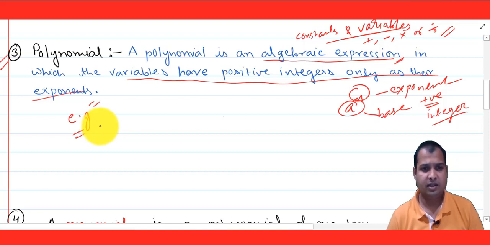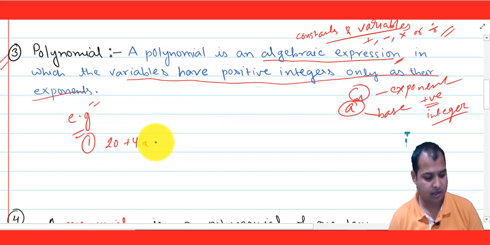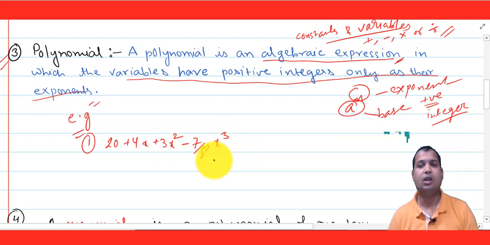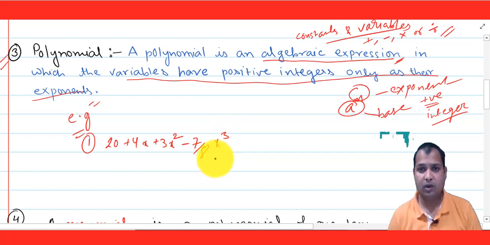now we will see examples of polynomial. Okay, so first example, if I write 20 plus 4x plus 3x square minus 7 by 8 x cube. Okay, so this is an example of polynomial.